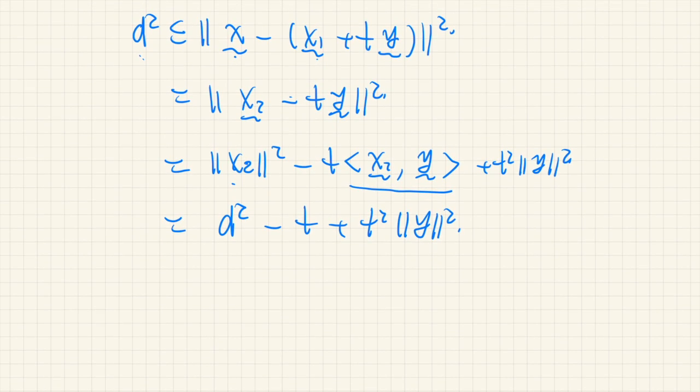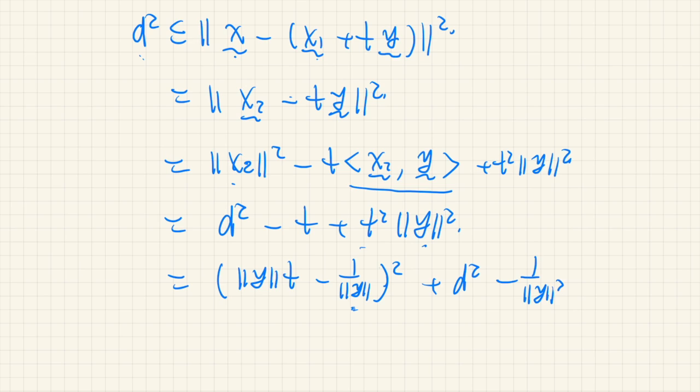Let's complete the square here. We have ||y||² times (t minus 1 over ||y||²) squared, plus d squared minus 1 over ||y||². Here y is assumed to be non-zero, so it's okay to divide by that.